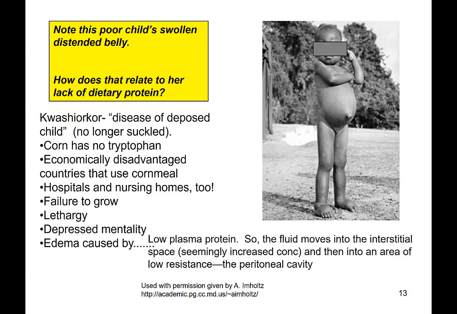The liver does over 500 functions, one of which is to synthesize albumin. Albumin is the most abundant protein in the plasma compartment. It's about 7 grams percent, roughly. The 7 grams percent is the percent of protein in the plasma compartment, and most of that comes from albumin.